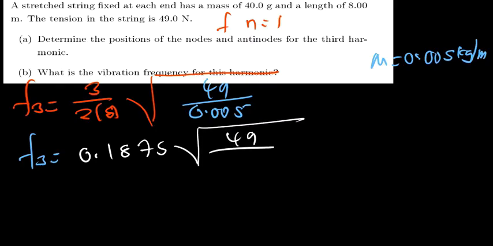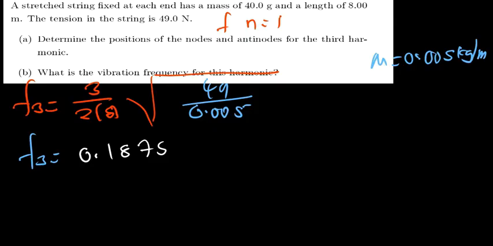49. In fact, inside there, I can just do it direct. I can say 49 divided by 0.005. Then I get the square root of this.